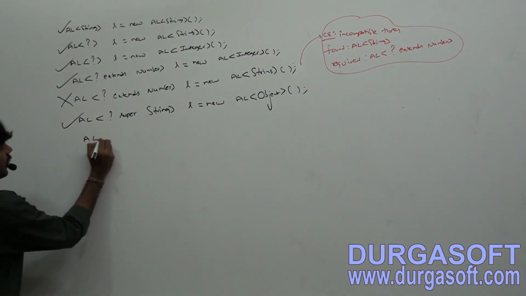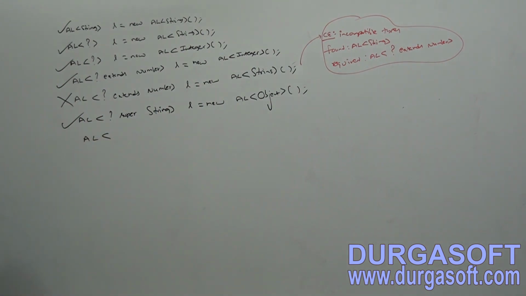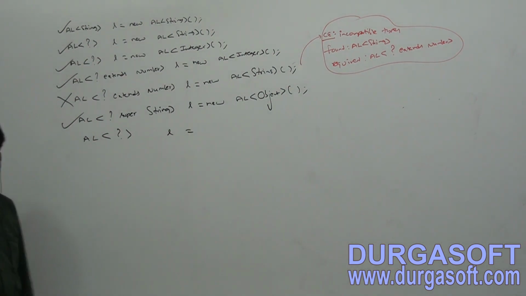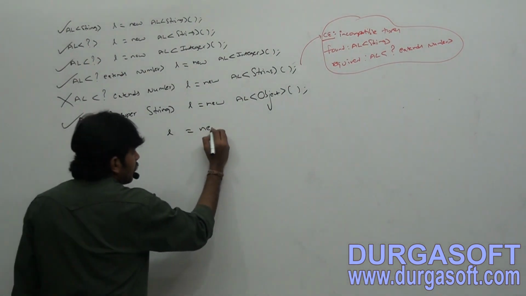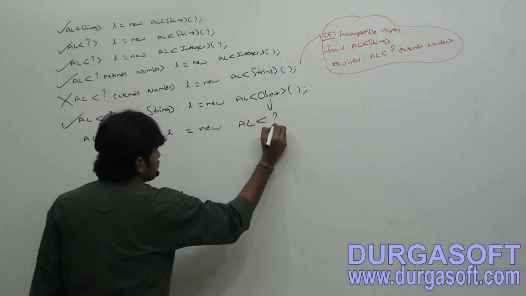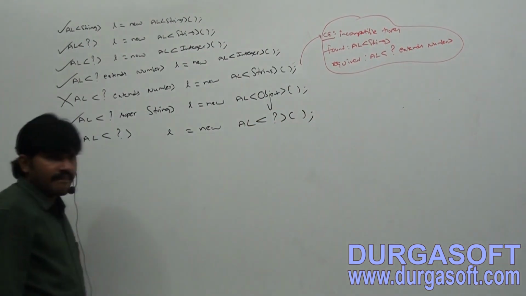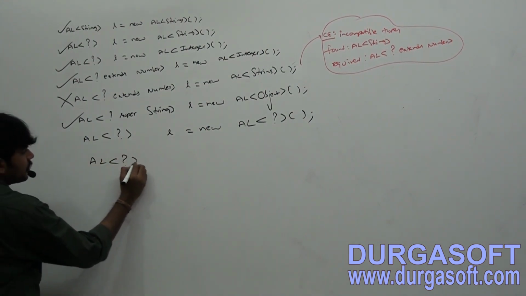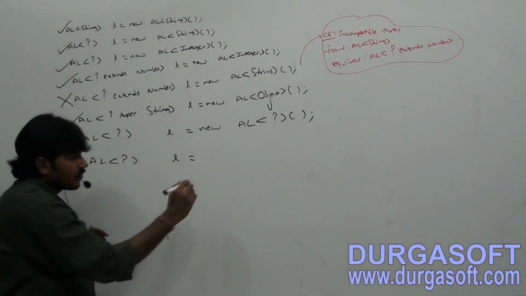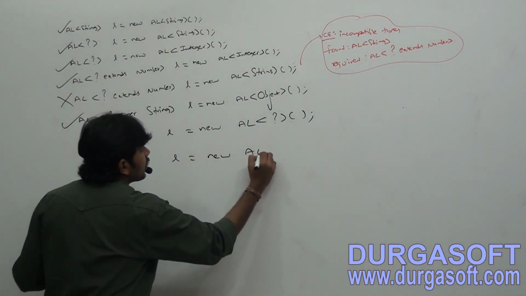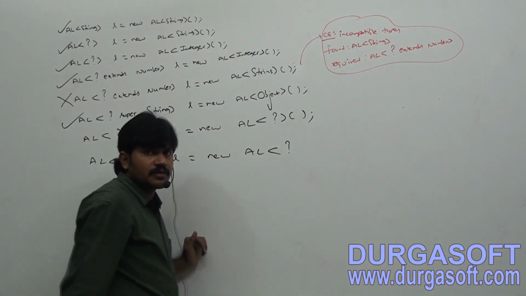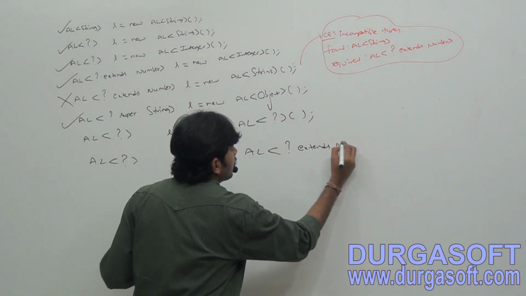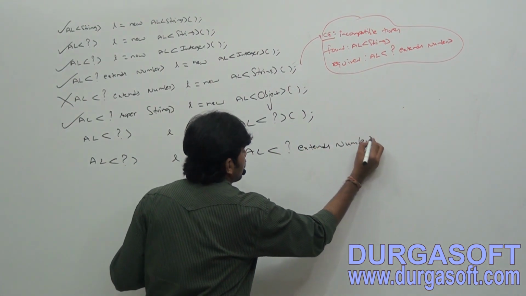Next, make sure you observe carefully. ArrayList<?> l = new ArrayList<?>(). Valid or invalid? ArrayList<?> l = new ArrayList<? extends Number>(), like I am taking.